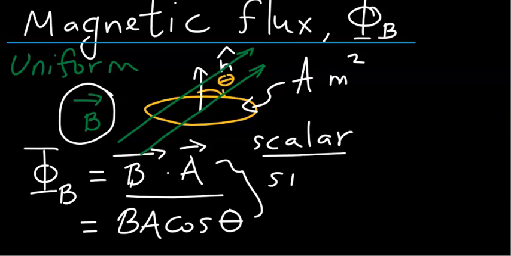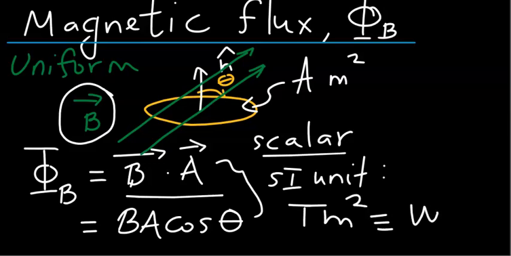And the SI unit to quantify magnetic flux is Tesla meter squared, or Weber, with an abbreviation capital W, little b. So 1 Tesla meter squared equals 1 Weber.